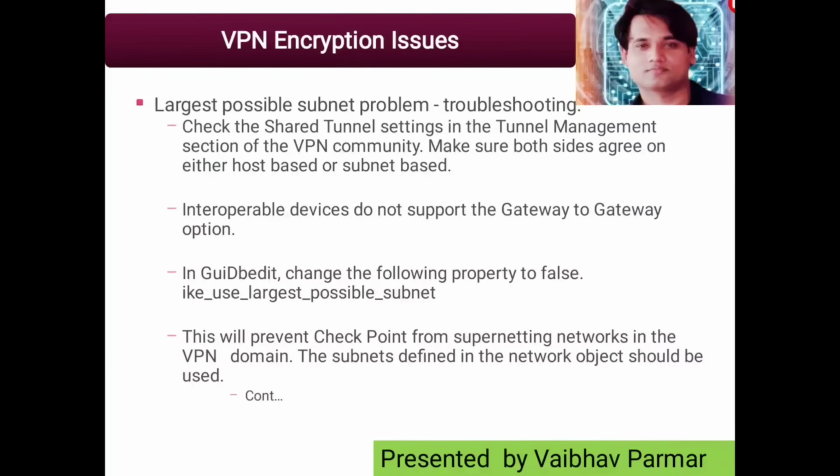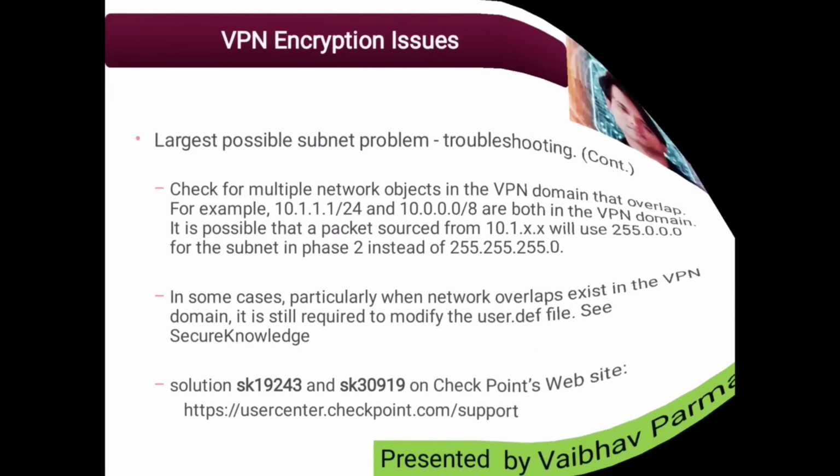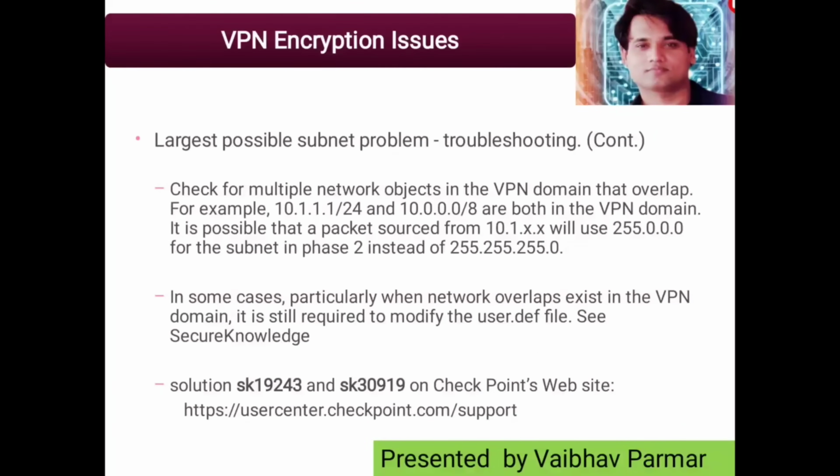Let's deep dive again into this encryption issue. Encryption domain issue: another common problem is when a security gateway proposes a supernet network address as the VPN domain to a Cisco concentrator in phase 2. Let's discuss with an example.